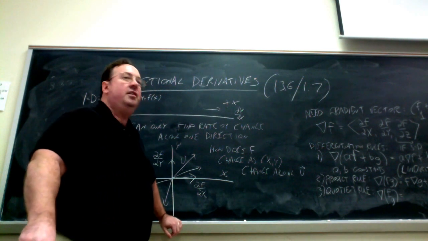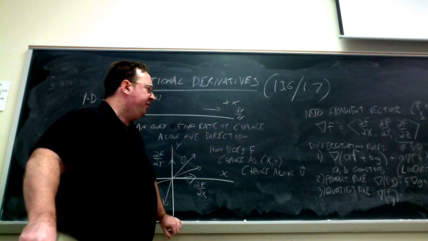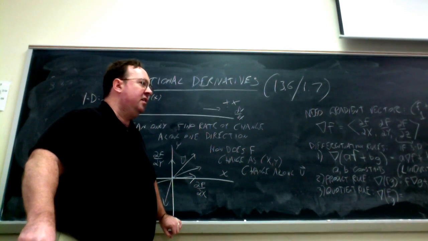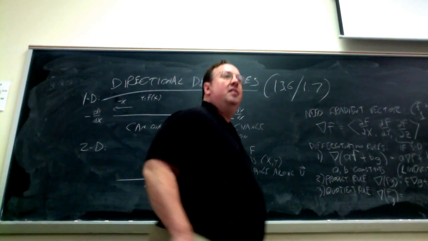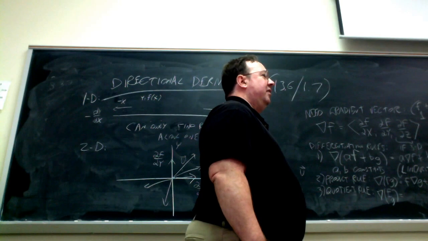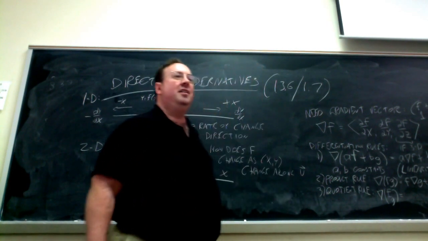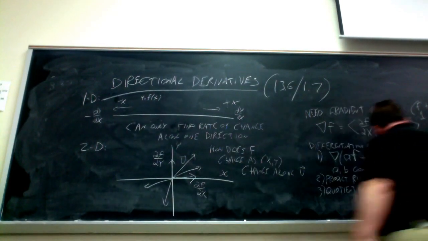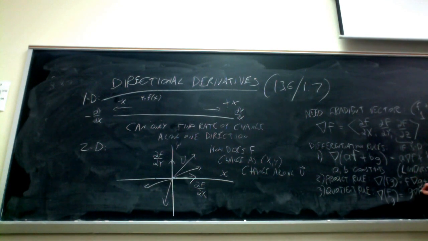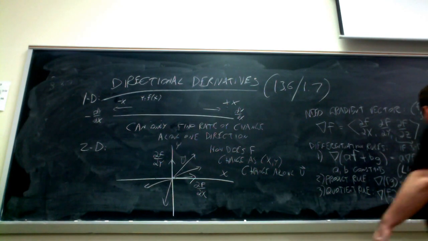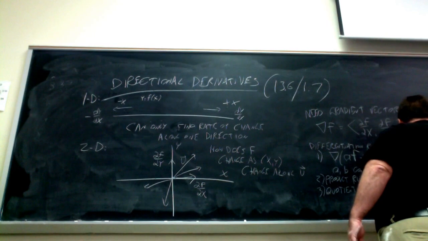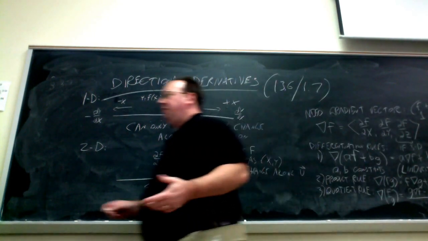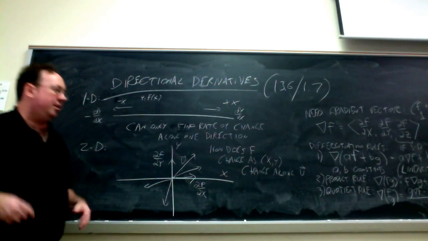Give it a shot. g gradient f minus f gradient g over g squared. Yeah, so it's exactly the same. You just, instead of saying derivative of, it's gradient of.